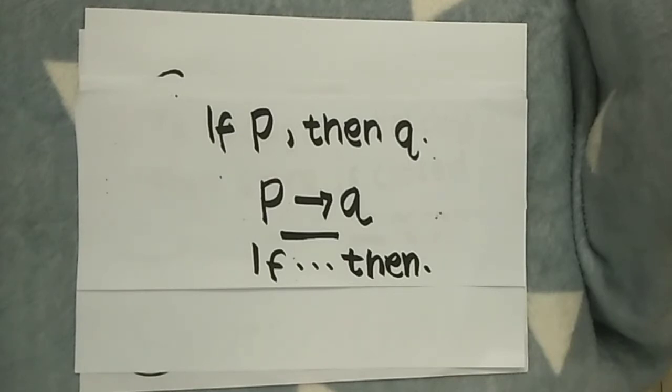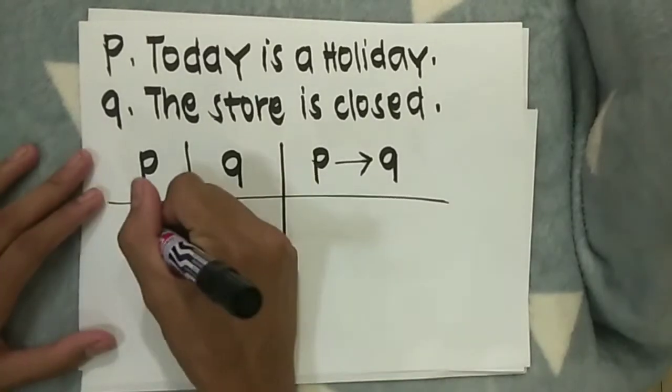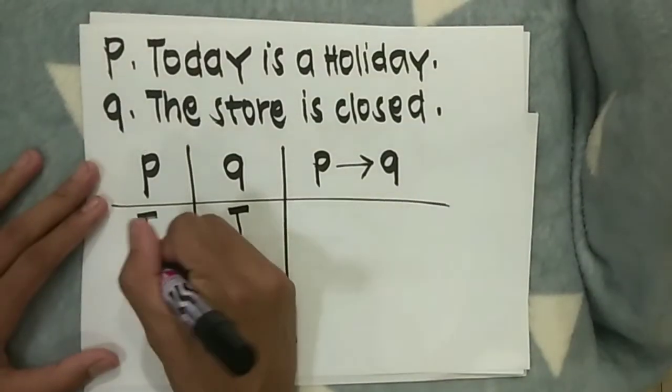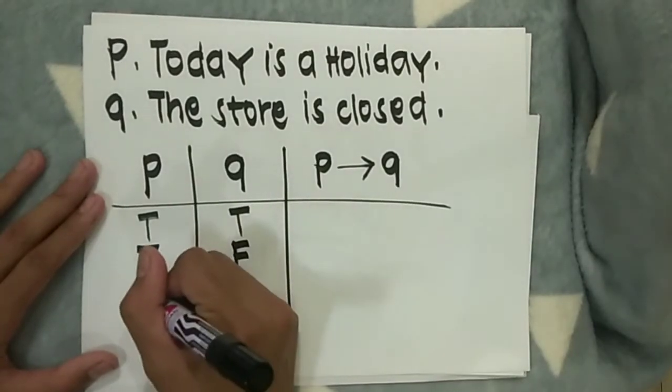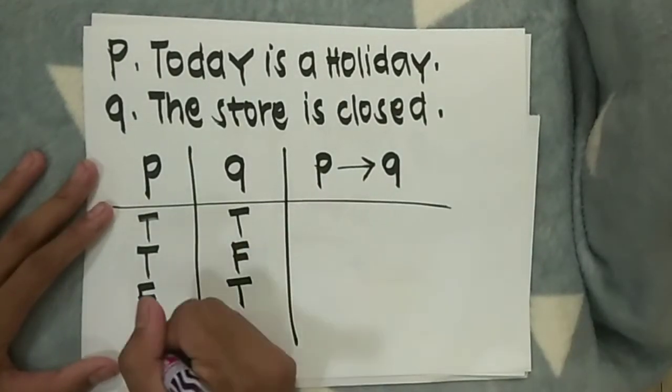To do this, I'm going to need a column for the truth values of P, another column for Q, and a third column for if P, then Q. Let's put in the possible values for P and Q. P and Q might be both true, or P is true and Q is false, or P is false and Q is true, or they can both be false.